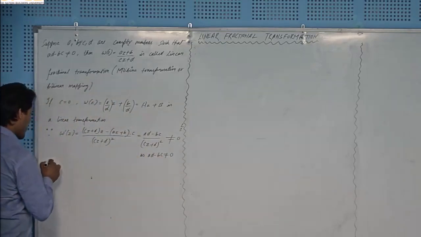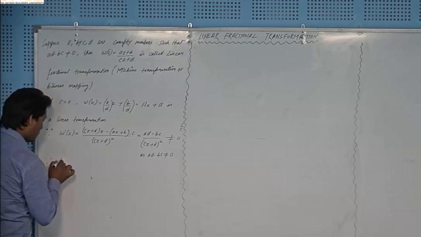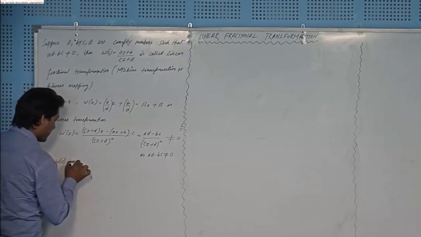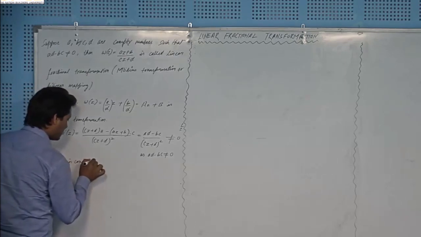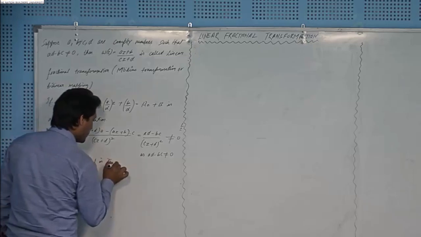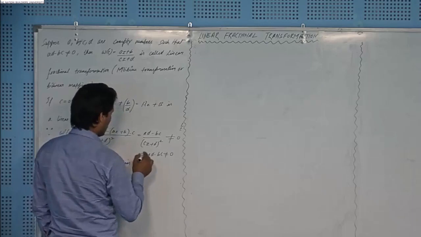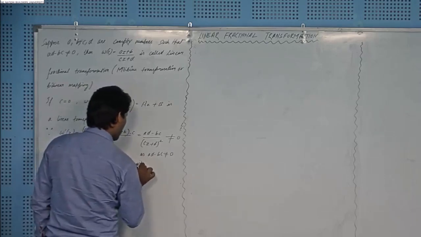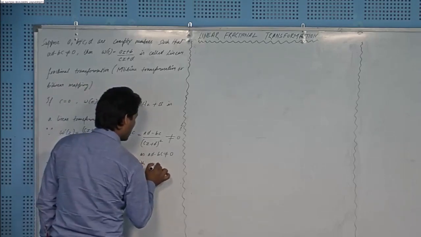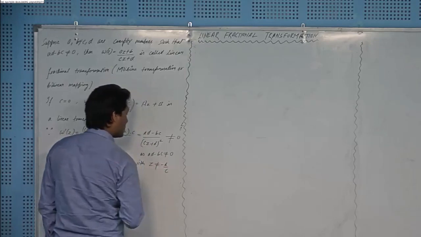Okay, so we can say that therefore w(z) is conformal in its domain, right? And the domain is z not equal to minus d over c, right?